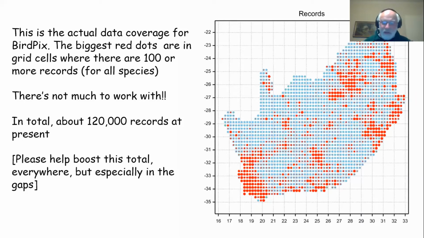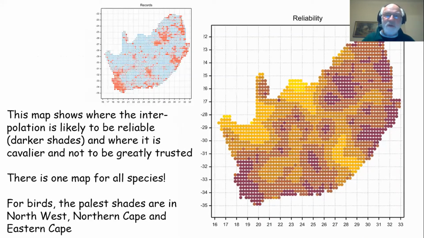About 120,000 records at the moment. And we all say to everybody up and down Africa, please boost this total. Further north in Africa, we're talking to Michael Brooks, and he's actually starting to put the bird picks records in as contributions to the Bird Atlas project, incidental contributions.